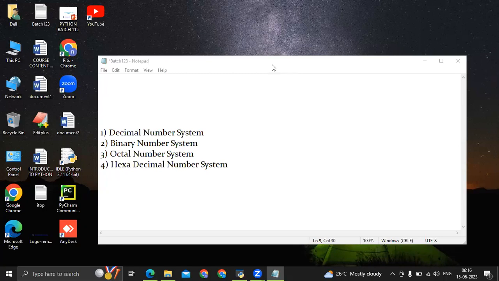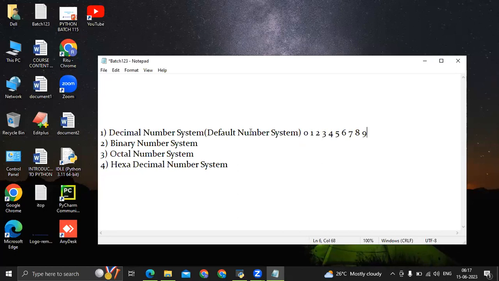So when we talk about the number system, first is the decimal number system, which is the default number system, understandable by everyone. It contains the digits 0, 1, 2, 3, 4, 5, 6, 7, 8, and 9.